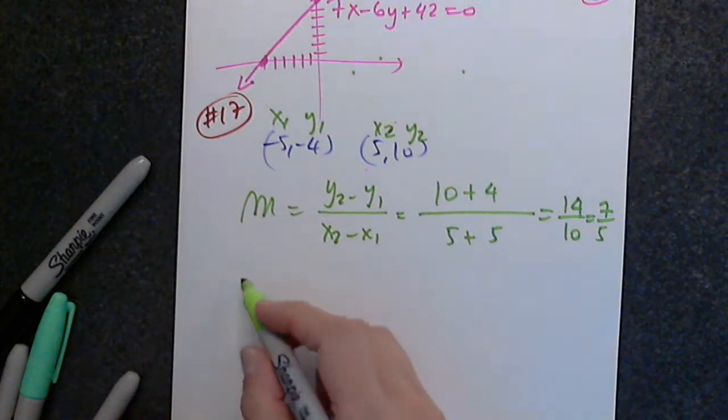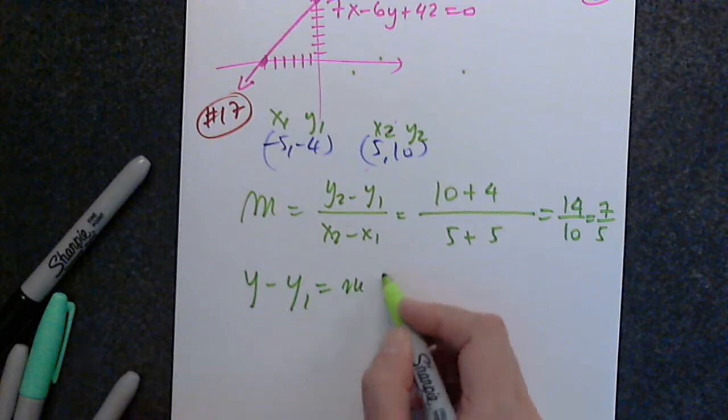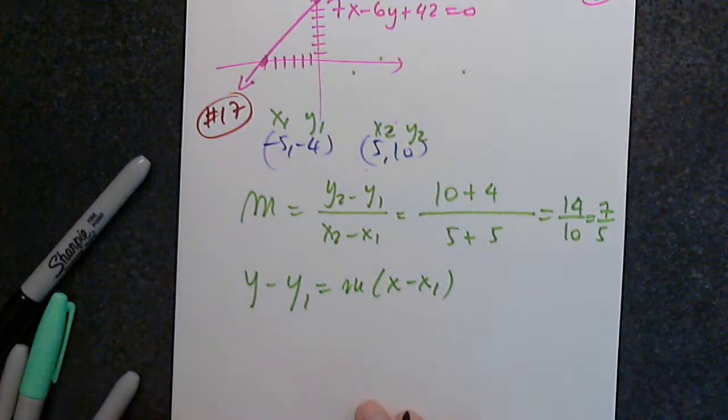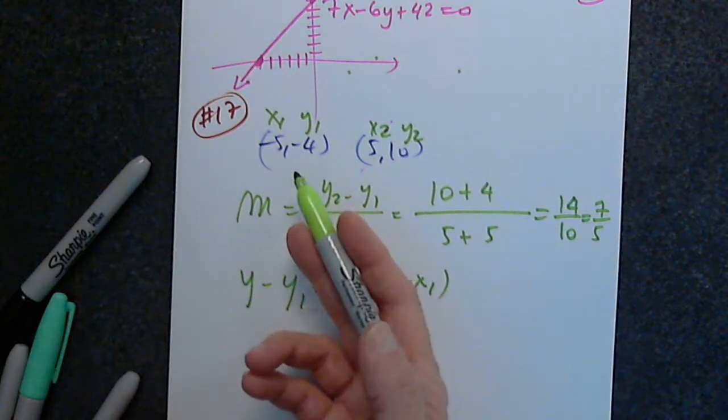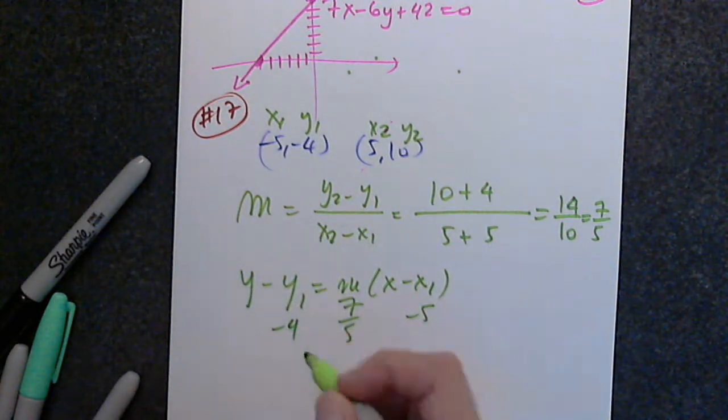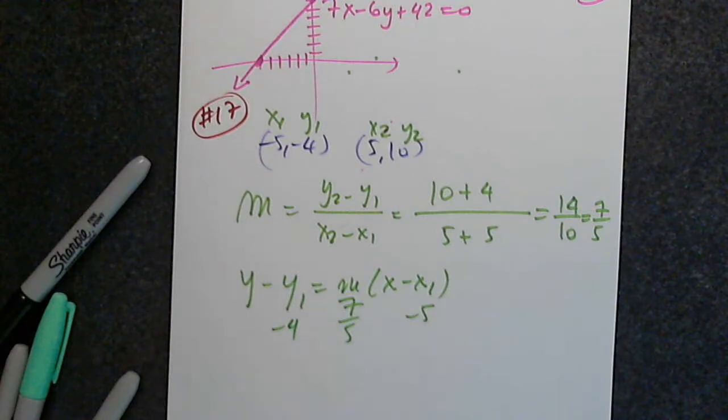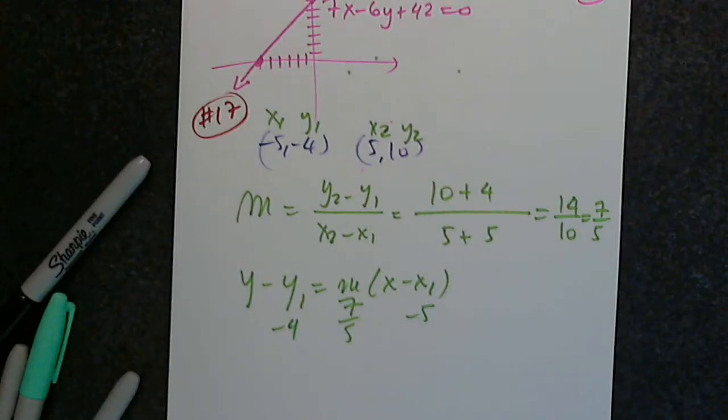And now we have to use y minus y1 equals the slope times x minus x1, in which the slope is 7/5. And I'm going to use the first point as negative 5, negative 4. This is good, but it's not good enough. We have to solve for y.